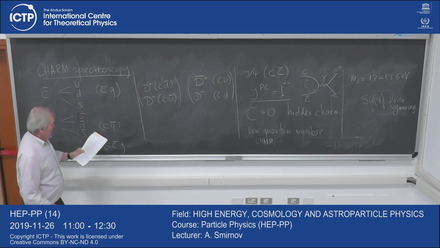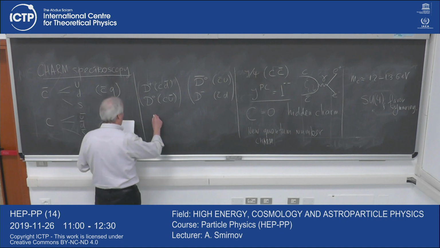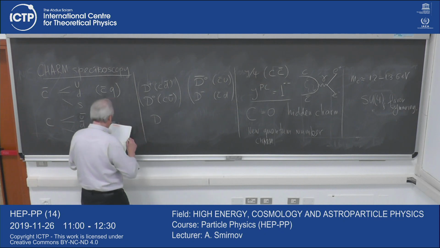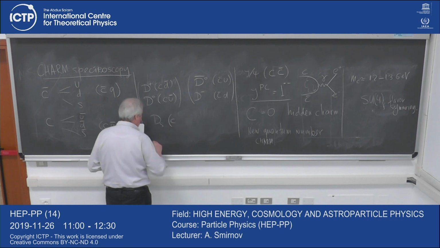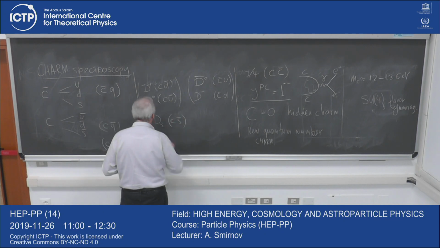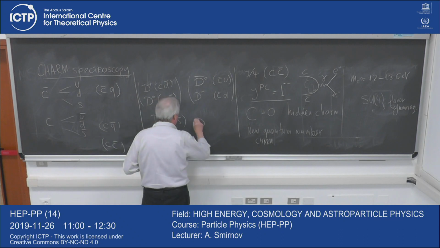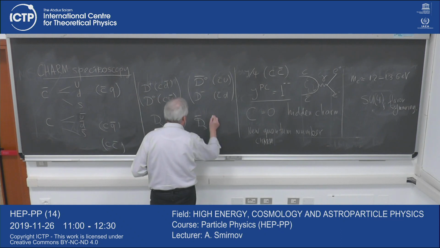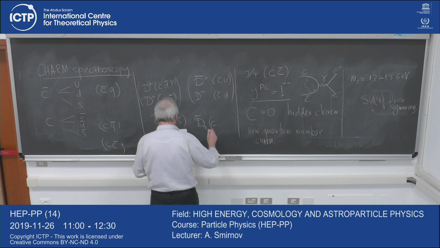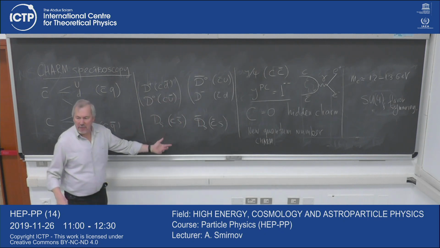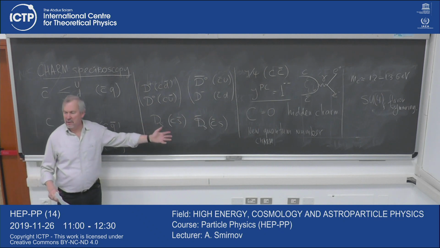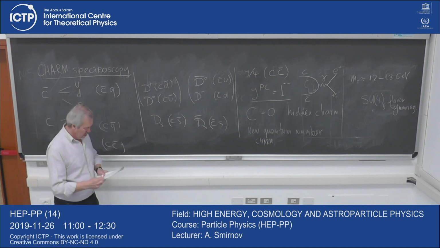We can also compose the states with strange quark, and the name is D_S, and the composition is charm S bar. They also have D bar S, charm bar S. So those are isospin singlets because they do not contain D and U quarks.